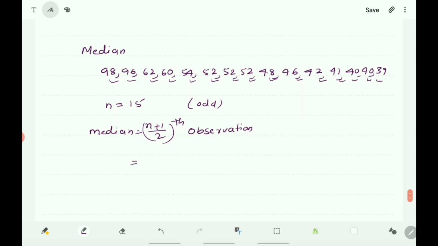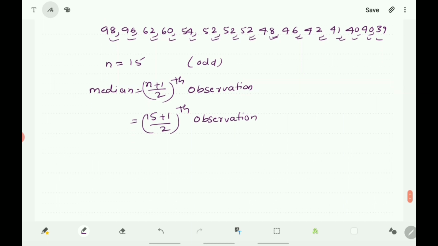Then n is here 15, so 15 plus 1 by 2th observation. So it is 16 by 2th observation. So 2 8s are 16, so it is the 8th observation.